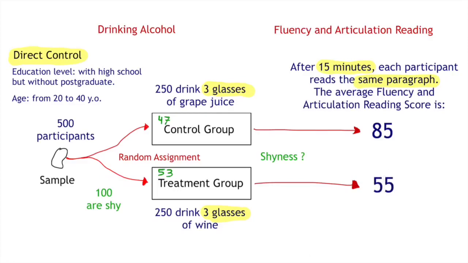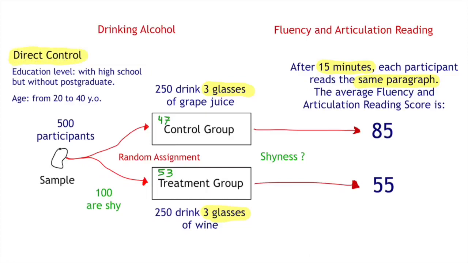And what applies to shyness applies to any other possible confounding variable, including those that we are not aware of. That's the power of random assignment. It controls at a time for all the potential confounding variables. This cannot be achieved with direct control.